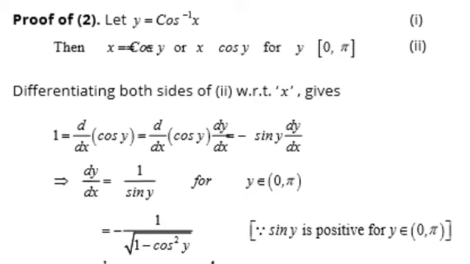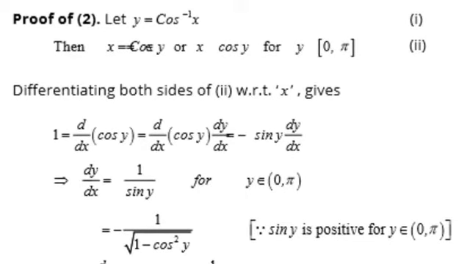Now we find the derivative of cos inverse x. We move cos to the left hand side, and it becomes x equals cos y. The derivative of x is 1, the derivative of cos is minus sine y, and the derivative of the angle is dy by dx.